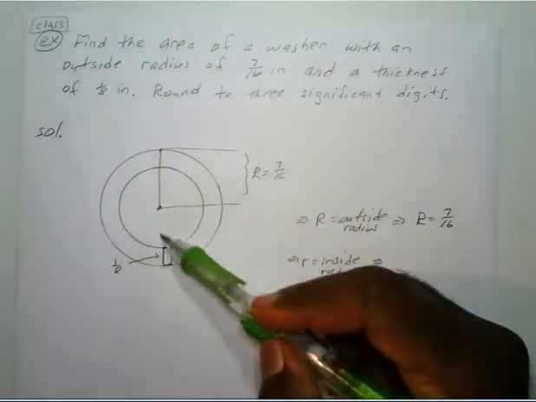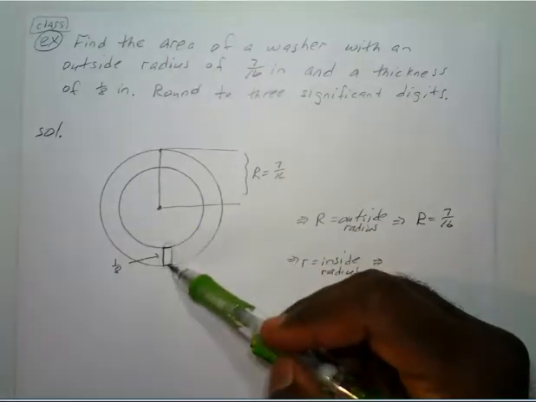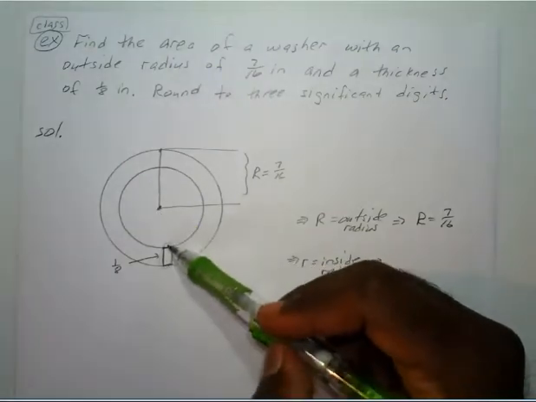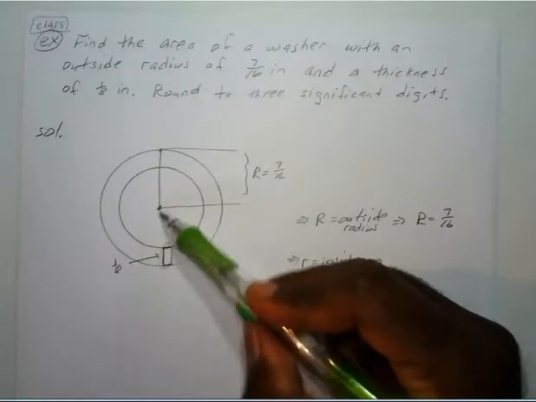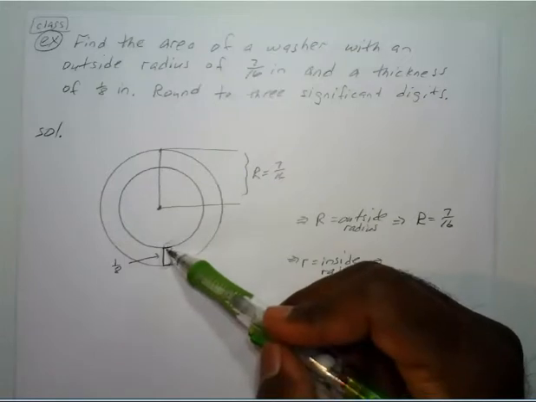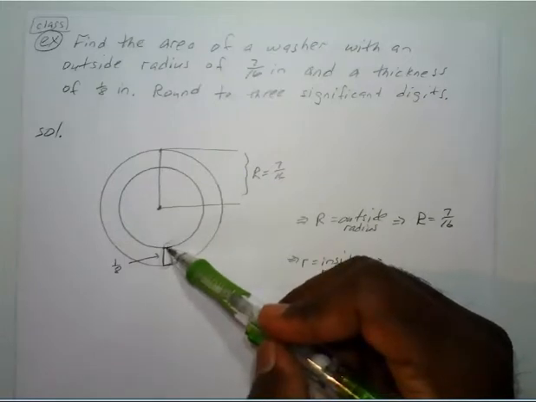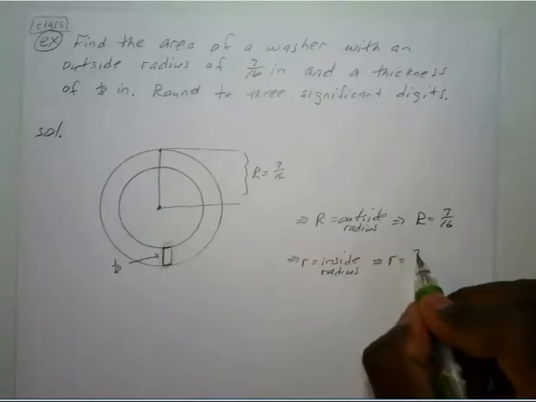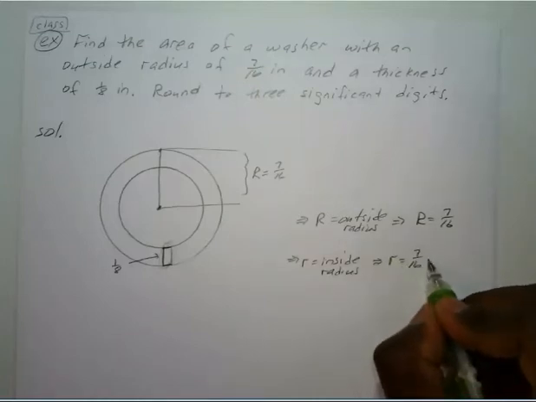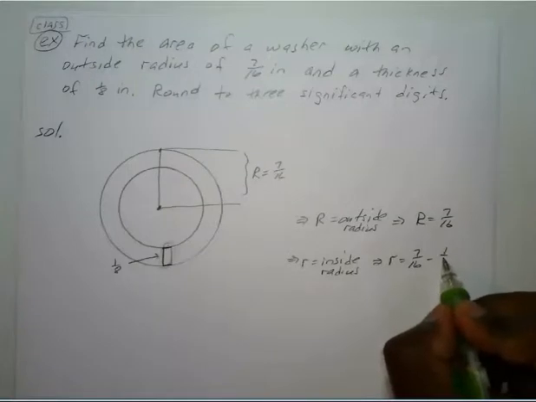If we go from the center to the outer circle and then subtract the thickness, we'll have our radius, because we'll be right here. So to find our inside radius, that's going to equal the outer radius minus the thickness.